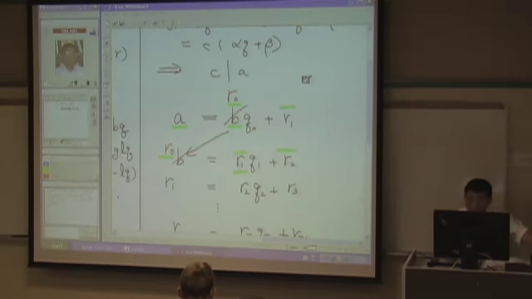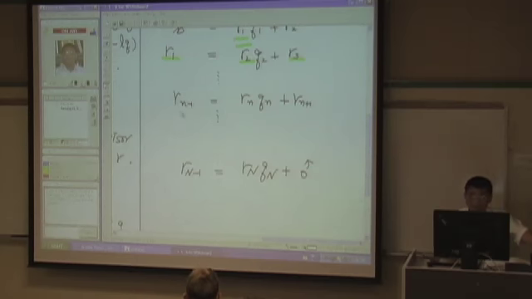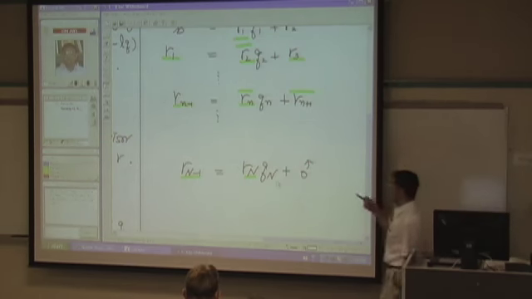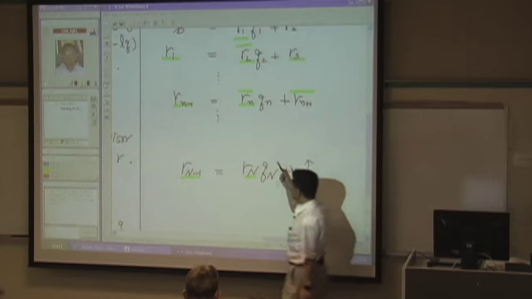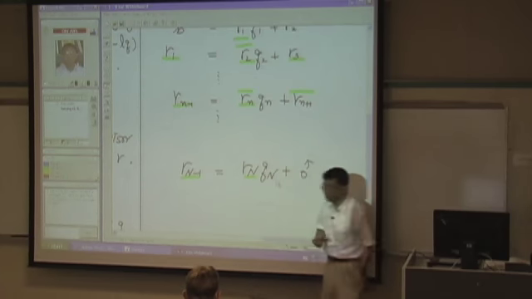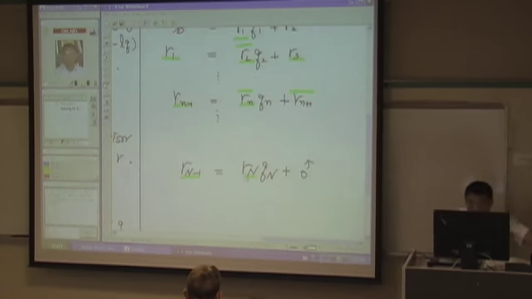And the GCD of R1, R2 is the GCD of R2, R3. And you can continue. And the GCD of R(n-1) and Rn is the GCD of R(n+1). And then eventually the GCD of this one and this one, but the GCD of anything and 0 is anything, right? The number.